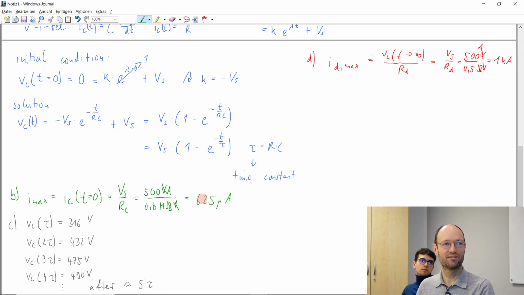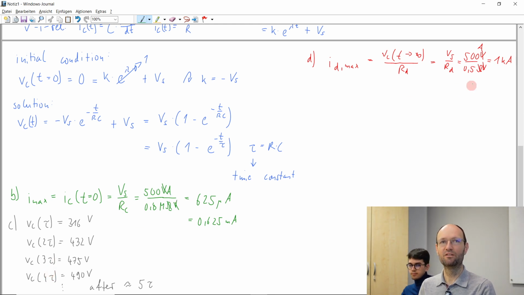And so this is now kind of interesting, and we can discuss what this might be useful for. So we have a circuit that just requires a very small current to charge, right? It would maybe also be convenient to write this in milliampere. So we need a little less than 1 milliampere for charging, and it takes like 40-50 seconds for charging.